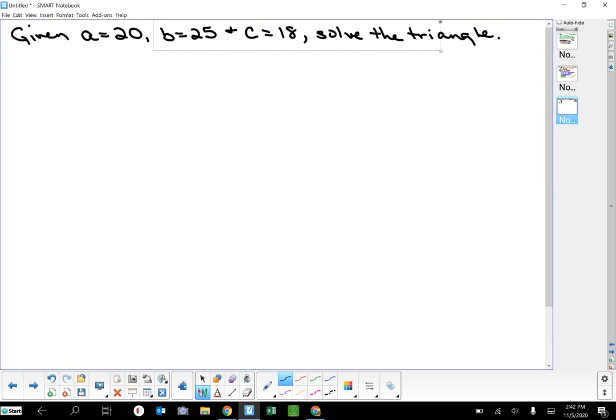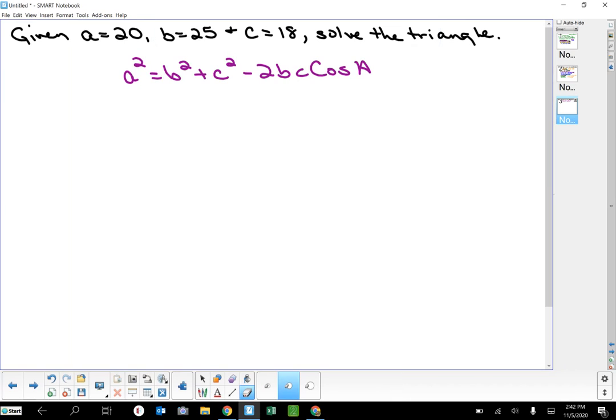Okay, so I'm going to take any one of these formulas, and I'm going to choose this one. A squared equals B squared plus C squared minus 2BC cosine of A. Now, we know all three of these sides, so what I'm going to do here is actually solve this equation and get the cosine of A all by itself.